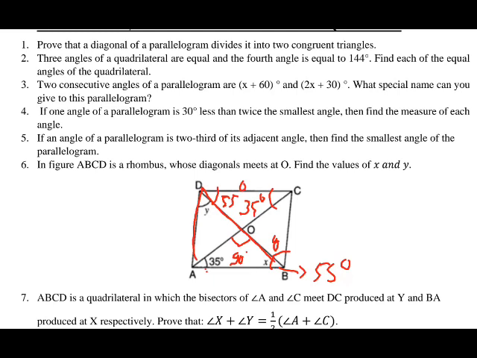If this is 35, do you have any idea what this angle can be? No, we do not know. So what we can infer from this is angle OAD is equal to angle OAB is equal to what?